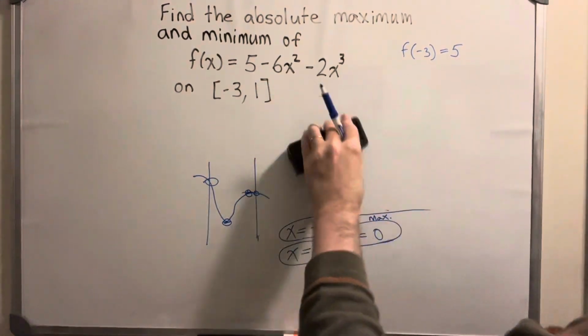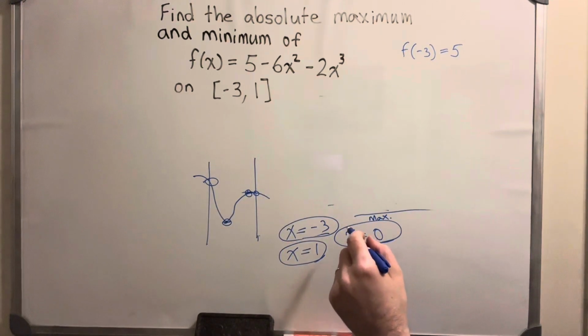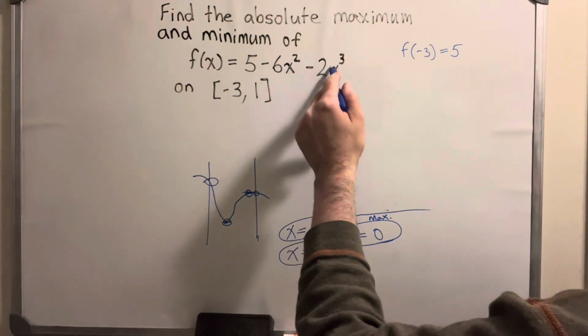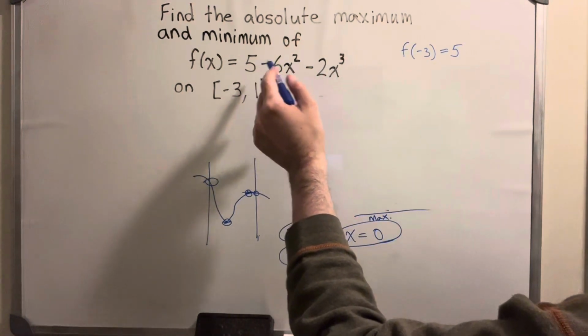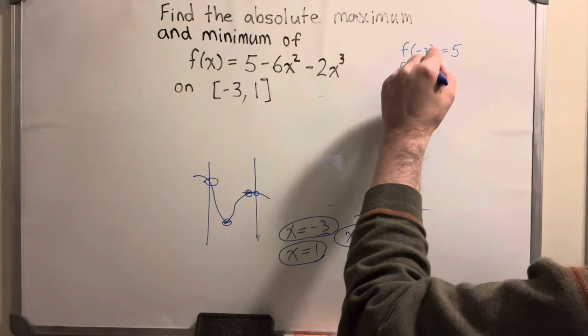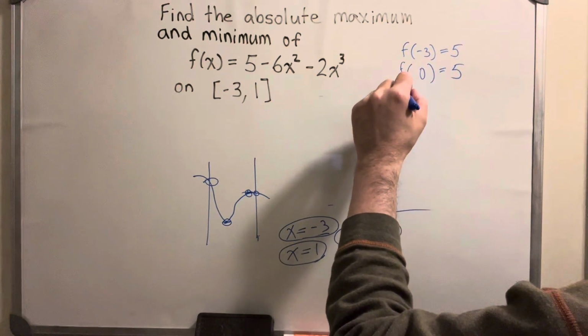What about x equals 0? We can do that by inspection almost. 0 squared is 0, so these terms go away. We're left with 5. Interesting.